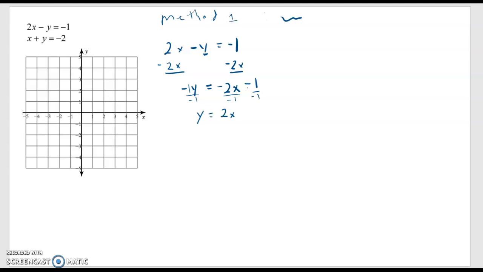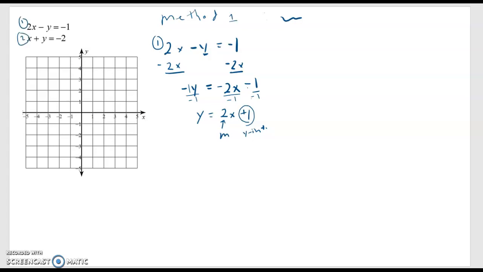A negative 1 divided by a negative 1 is a positive 1. So that means this is my slope, and this is my y-intercept for the first equation. So let's number these: that is 1.